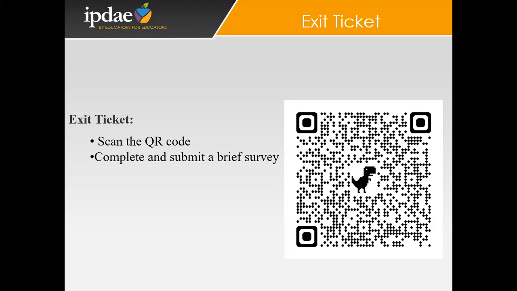And while you're completing the exit ticket, I see some questions in the Q&A section here. Do you recommend telling students their scores? So yes, I actually will sit down with my students one-on-one and have data chats with them where I will show them what their current scores are, where they currently stand. And then we also do goal setting.